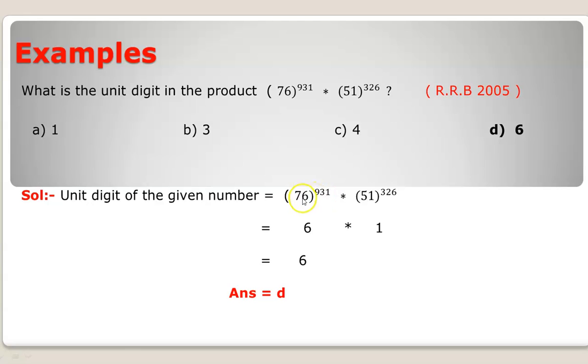So 6 is the unit digit, and to the power 931, the answer is 6. We only find the unit digit, that's why it can be written as only 6 into 1 to the power 326, the answer will be 1. That is equal to 6 into 1 is 6, and the answer is D. D is the correct option.